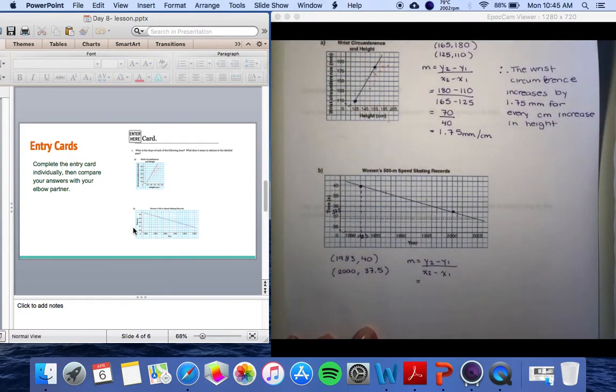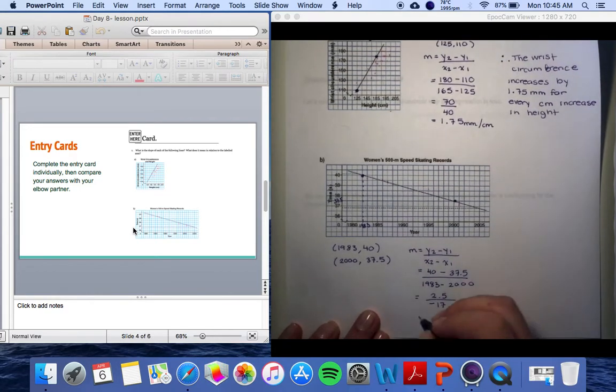Taking my y values, I'm going to take 40 minus 37.5. And now subtracting my x values in that same order, I'm going to take 1983 minus 2000. So simplifying this, we're now going to have 2.5 in my numerator and negative 17 in the denominator.